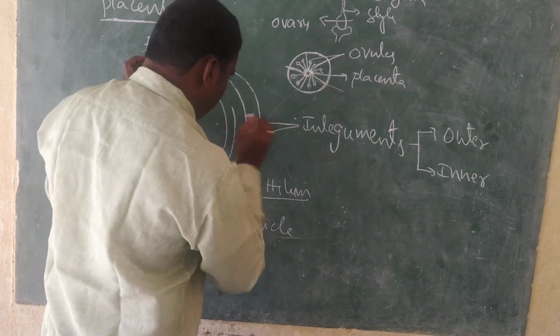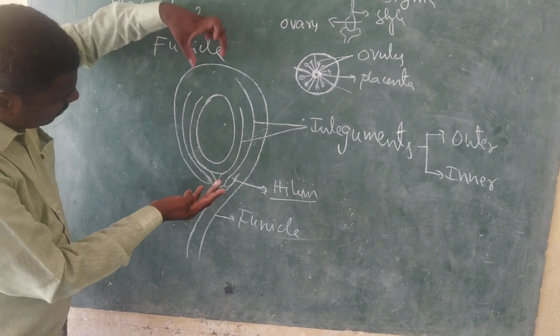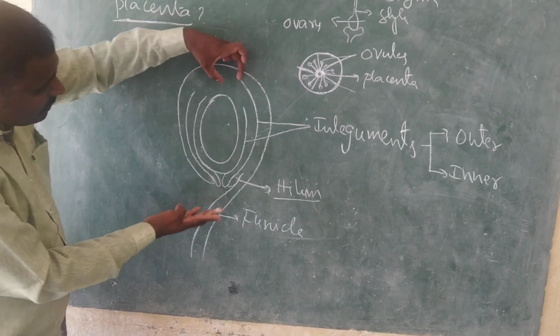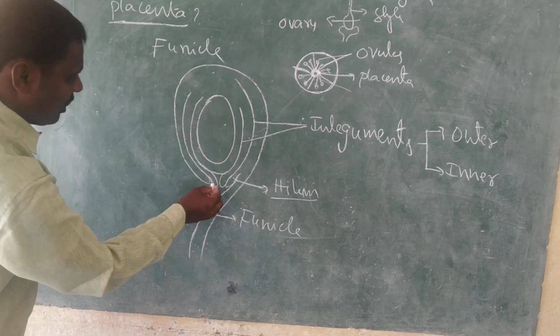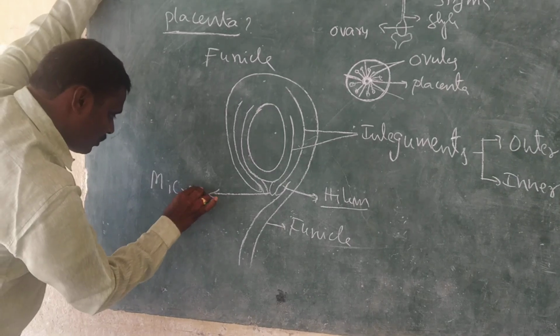So integuments encircle the entire ovule except at the tip where a small opening is present, that is called micropyle. This is called micropyle.